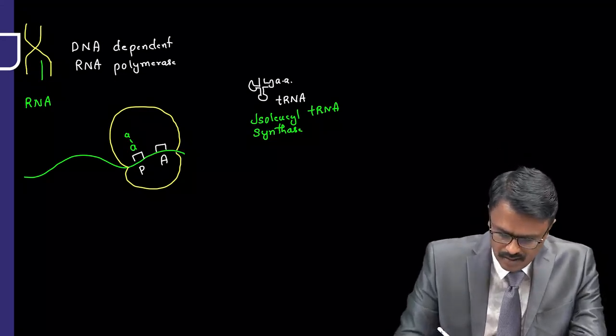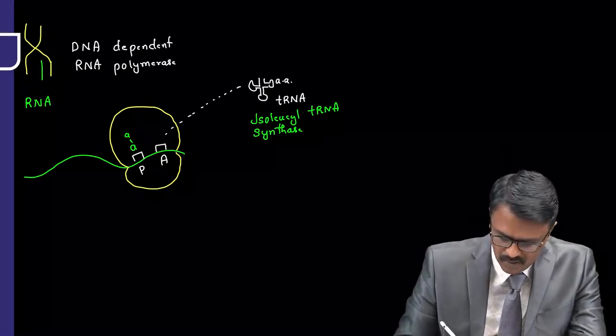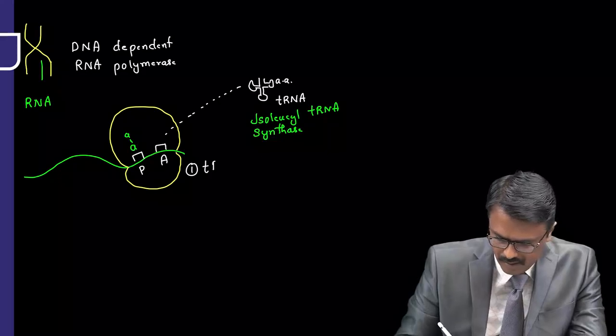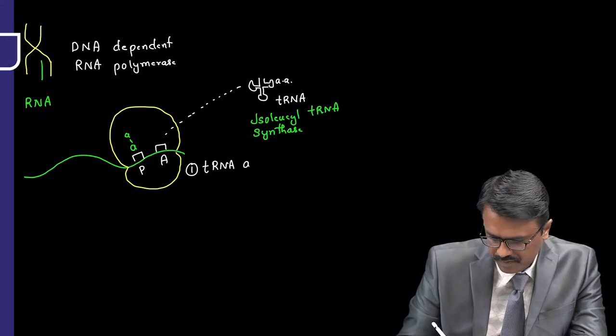And this tRNA comes, and first it will produce the attachment. So the first step is called tRNA attachment.